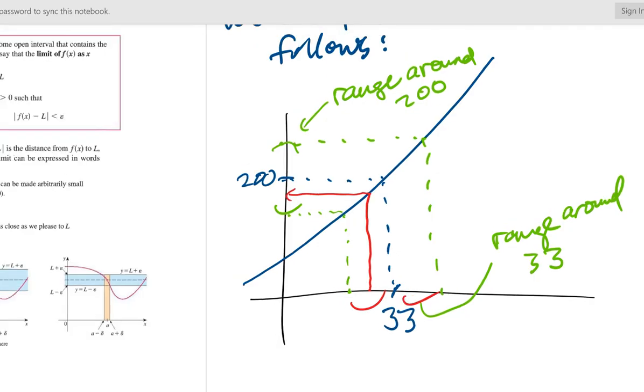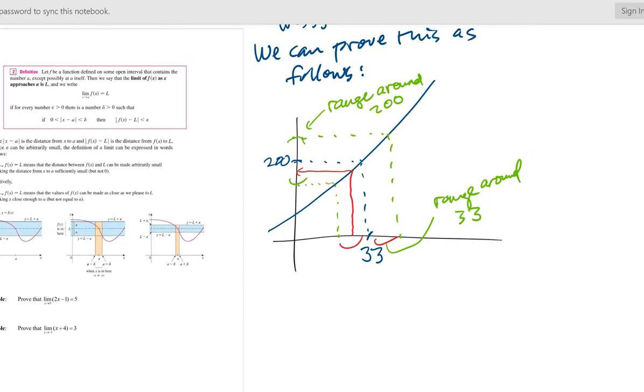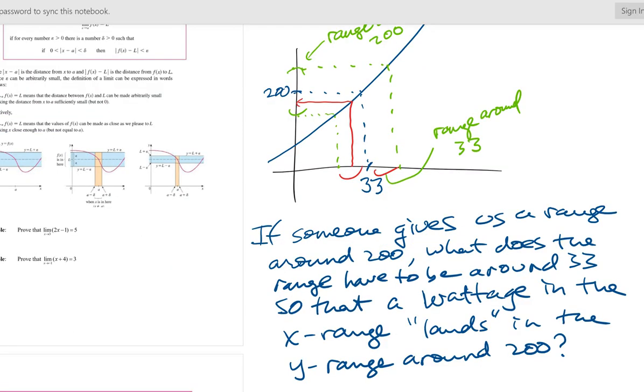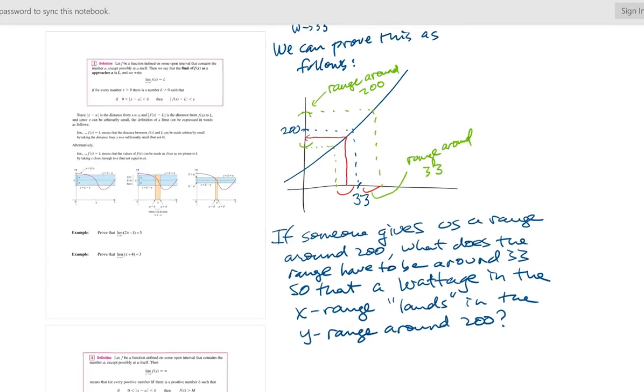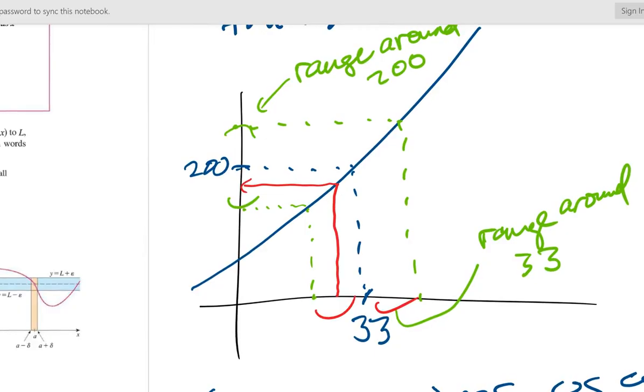So, for example, if someone says it can be within 5 on each side, in other words 195 and 205, then you have to determine what these numbers are here.